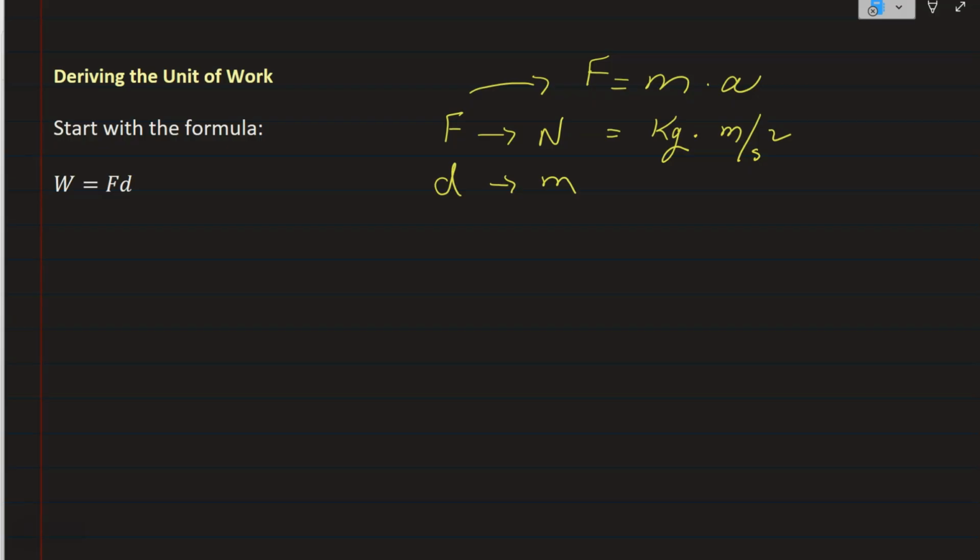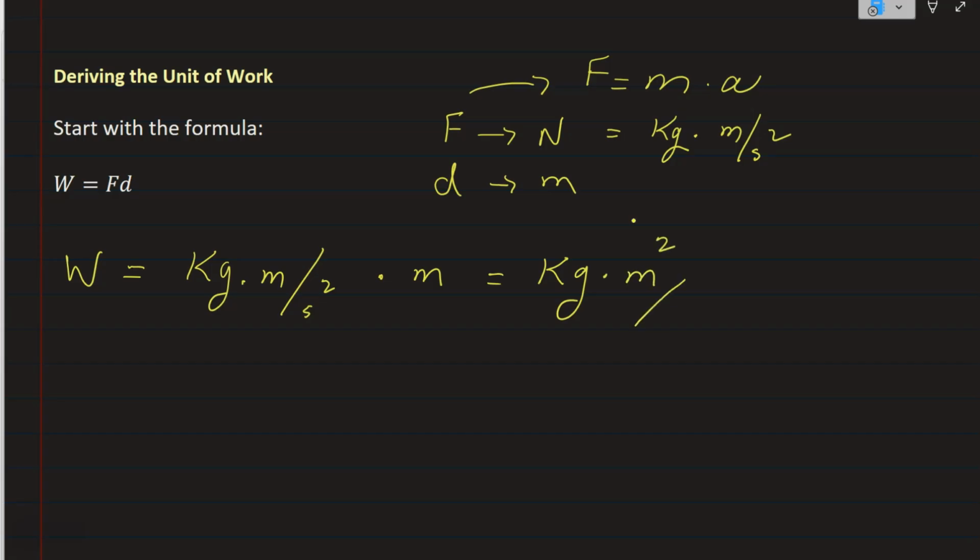Now when you're multiplying force by the distance, the work W is going to be equal to kg times meters per second squared. You multiply that again by meters, so that gives you kilogram times meters squared per second squared.